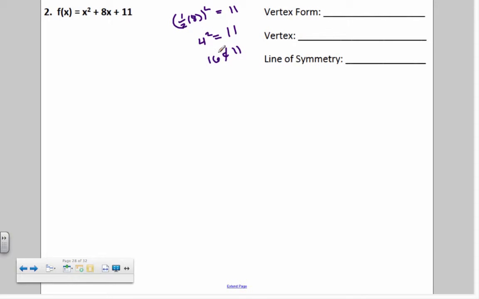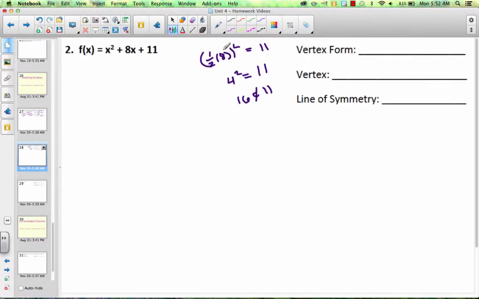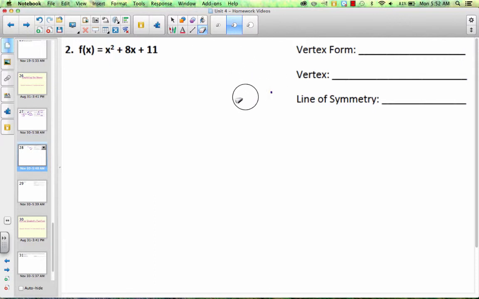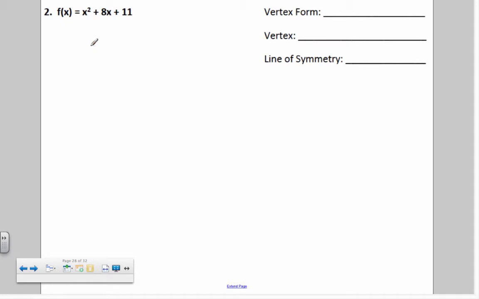So I'm going to go ahead and actually erase this part right here so that it doesn't get in our way, now that I checked to see if it was a perfect square trinomial. So here, what we need to do is we need to say, okay, I want to complete the square by making a new c. But I can't just get rid of that 11. What I'm going to do is I don't need it at the moment, so I'm just going to put it off to the side.